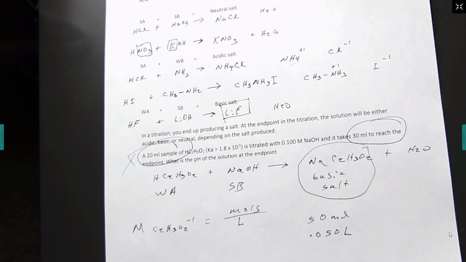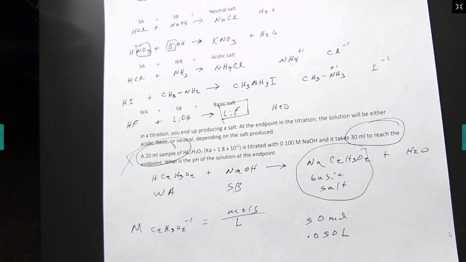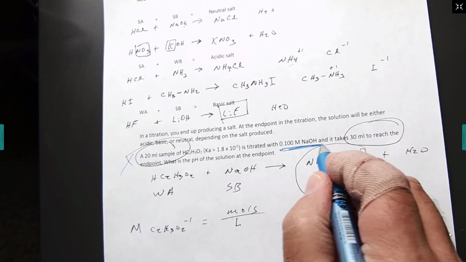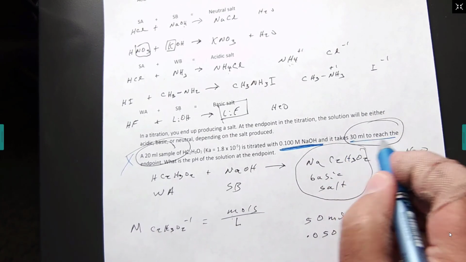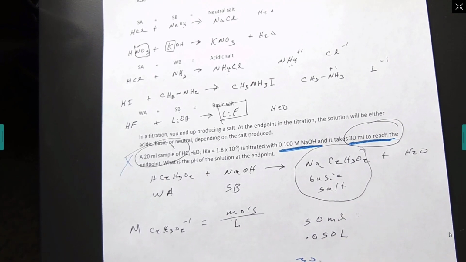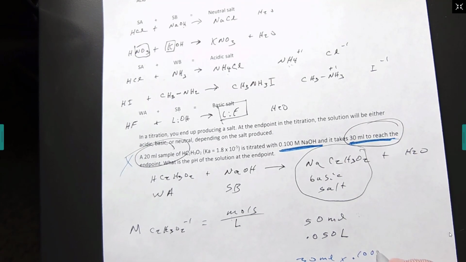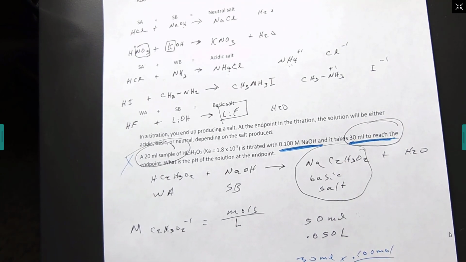How many moles were there? Oh, yeah, titration. You know the molarity of this stuff. You know the volume of it. I could do 30 milliliters times 0.100 mole per 1,000 milliliters. What does that give me? 0.003.